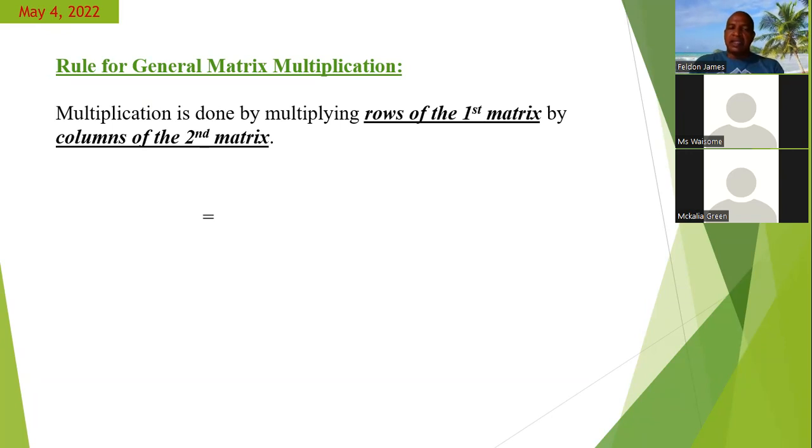The condition states that you check the number of columns in the first matrix against the number of rows in the second matrix. The rule says when you're multiplying, you multiply the rows of the first matrix with the columns of the second matrix. But when we are checking the condition, we check the column in the first and the row in the second.